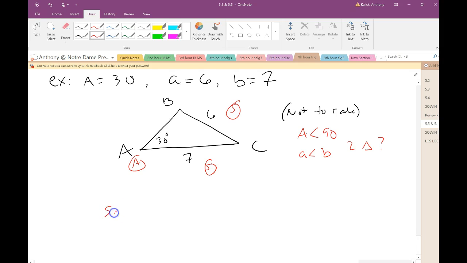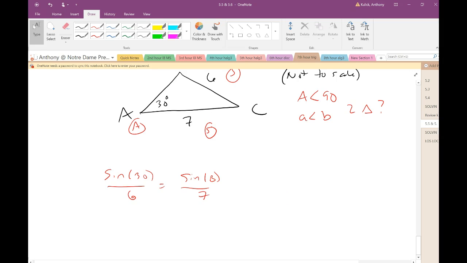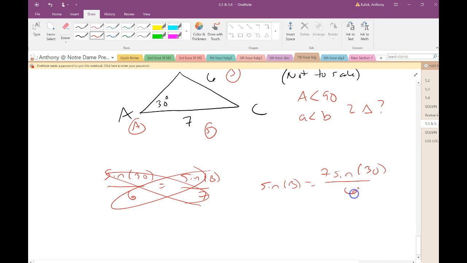So let's try this. So sine 30 over 6 equals sine B over 7. And we'll cross multiply and divide again. Not very legible. So that gets me to here. And then when we do the sine inverse of both sides, we get this.